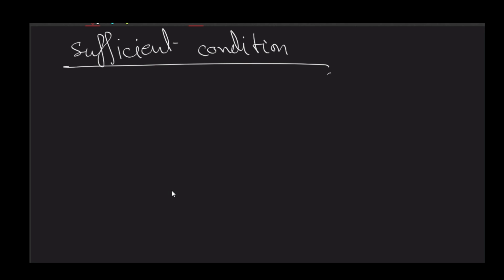So we know that W is a non-empty subset of V. It satisfies the condition that a alpha plus b beta belongs to W. Right?